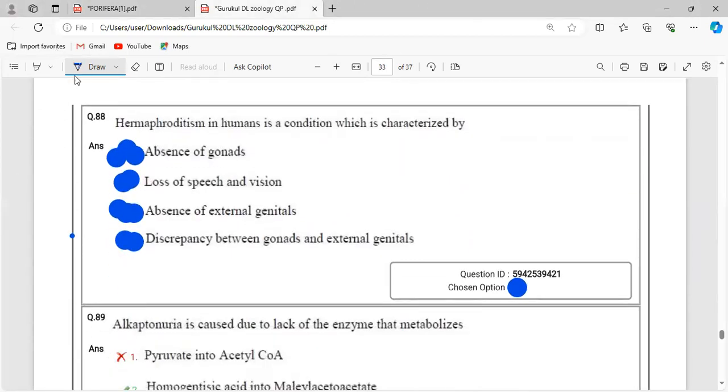See how the question has arisen here. Hermaphroditism in humans is a condition which is characterized by... What is hermaphroditism?